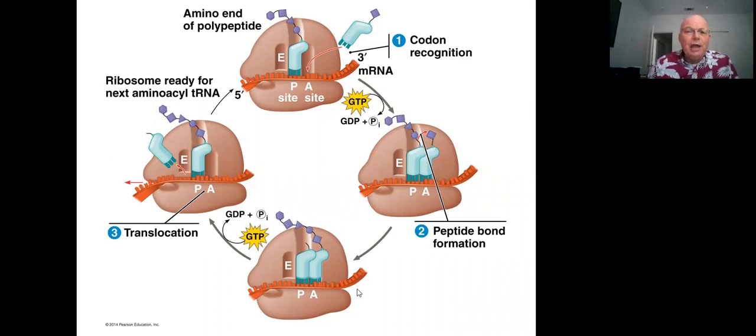That triggers the sideways movement of the ribosome, moving this tRNA into the E site and it exits, and moving this tRNA into the P site, which is appropriate because it's got the polypeptide in it. That vacates the A site, but also moves the next codon into the base of the A site so the cycle can continue.